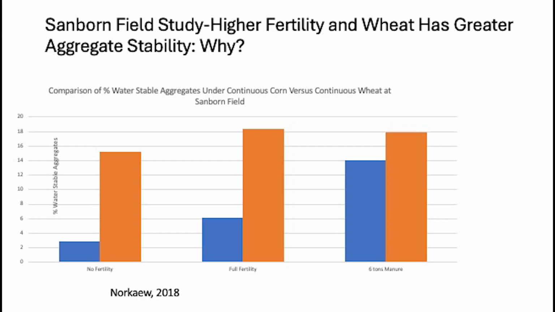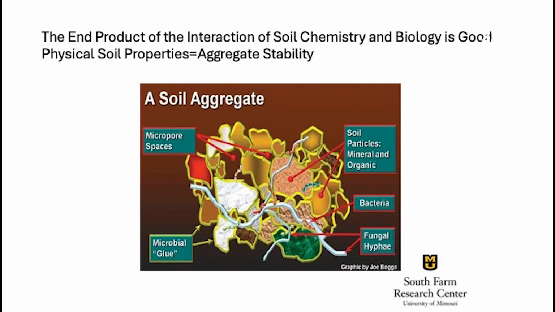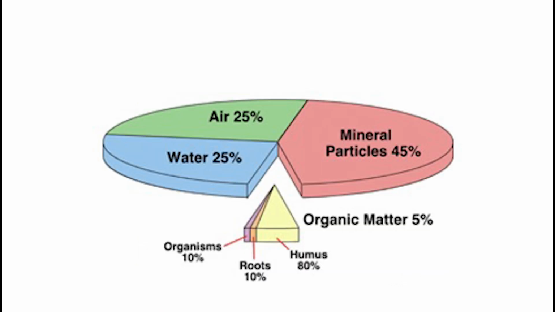So as you can see already, chemistry and biology are tied together, and they are also tied to the soil physical properties, which I think is what all of this comes down to: improved soil physical properties. Because when we build our aggregation, when we take soil particles and build them together, we get closer to that ideal soil: 45% mineral, 25% air, 25% water, and 5% organic matter, with the air and water coming from pore spaces.